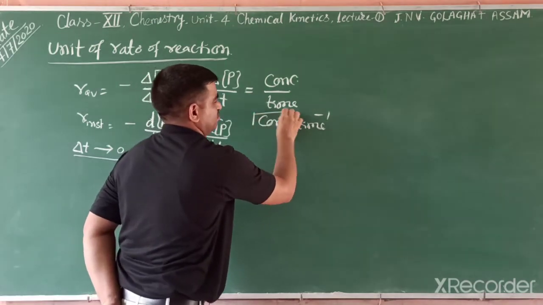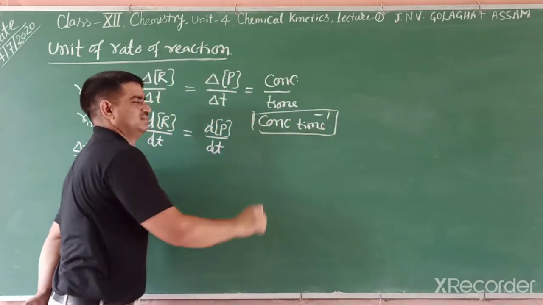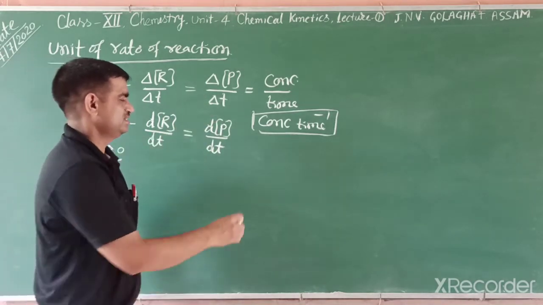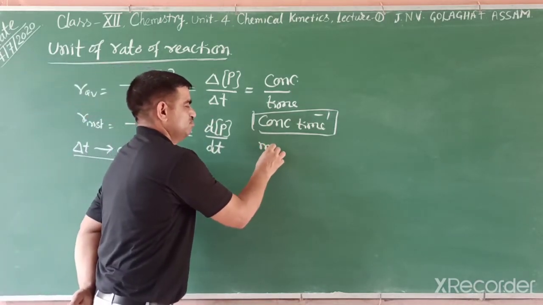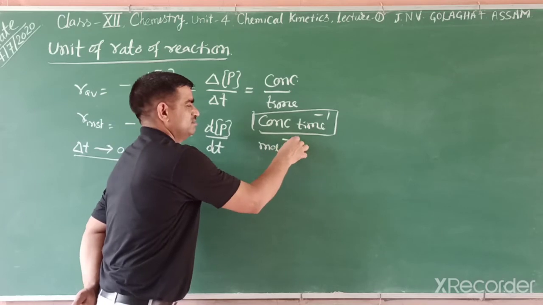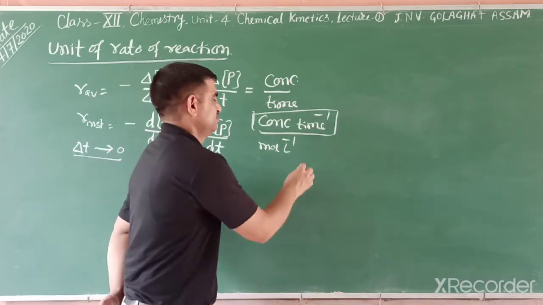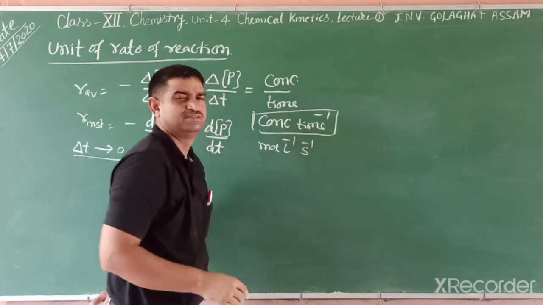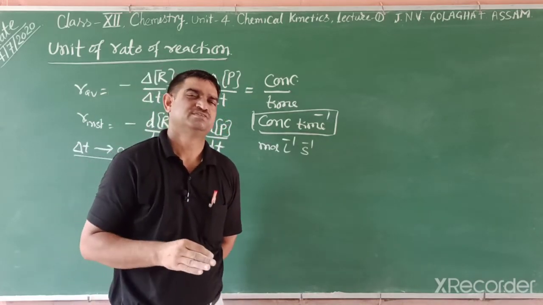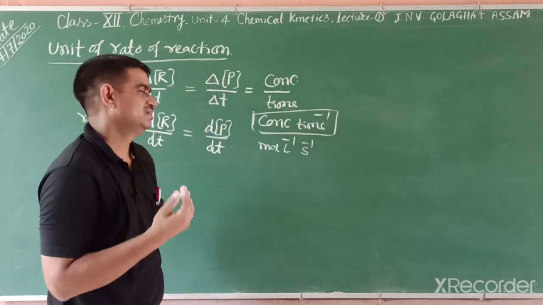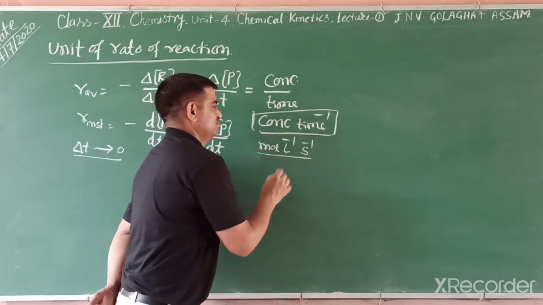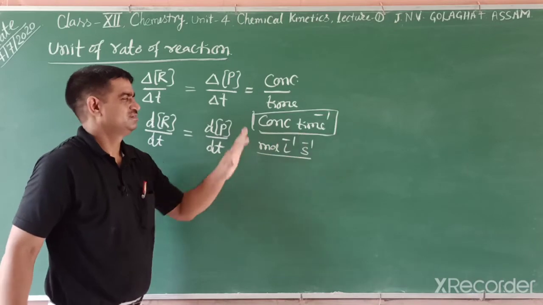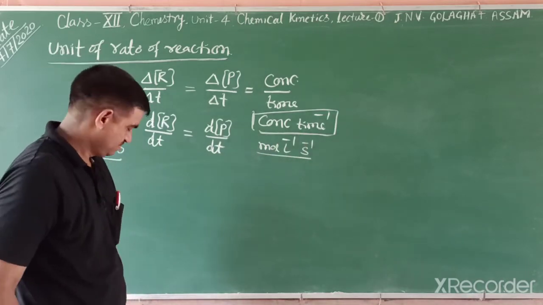This concentration we take in molarity, means mole per liter, and if you take time in seconds, then second inverse. We can take time in minutes, hours, days, depending on your time, you can take any one. Mole per liter per second, this one is the unit.